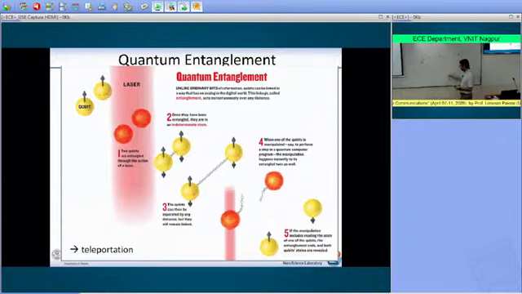For example, if I have a photon in a vertical polarization state, I'm describing the degree of freedom of my photon, and since it is in the vertical polarization state, I put here V, okay? Then I may say that I'm trying to describe two photons, one photon here and the second photon there.